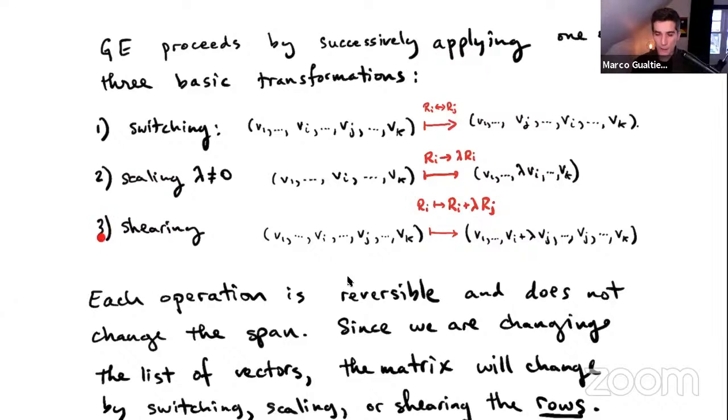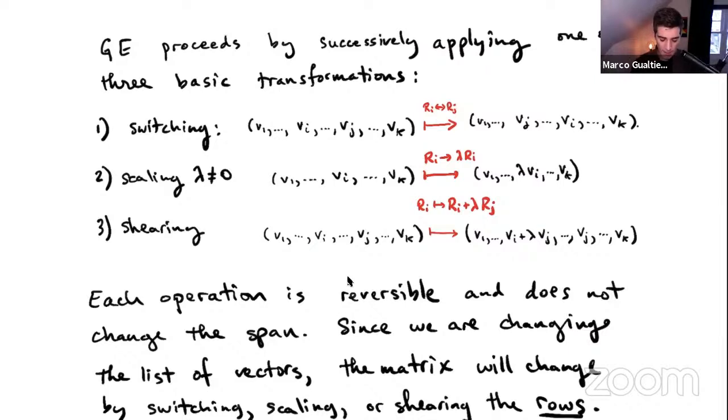The third one is less obvious. It's called the shear transformation, and what it does is it takes a vector Vj and adds it to another vector. I'm going to keep all the vectors the same except for Vi. Vi will be modified by adding a multiple of Vj. Any multiple at all will do, including 0.